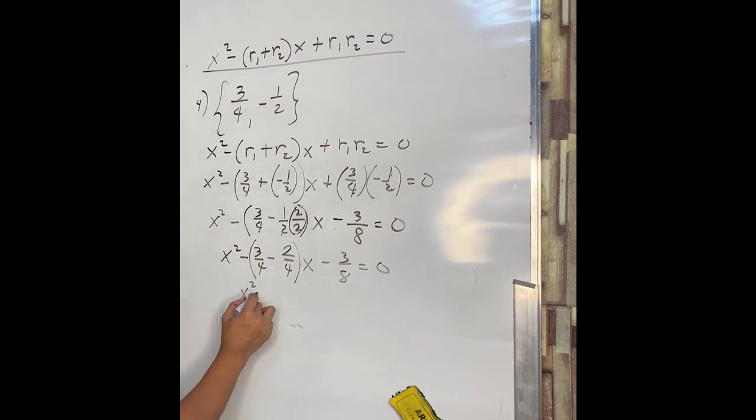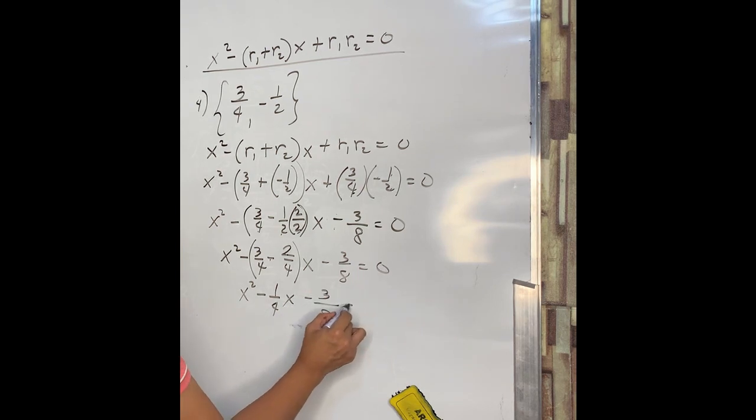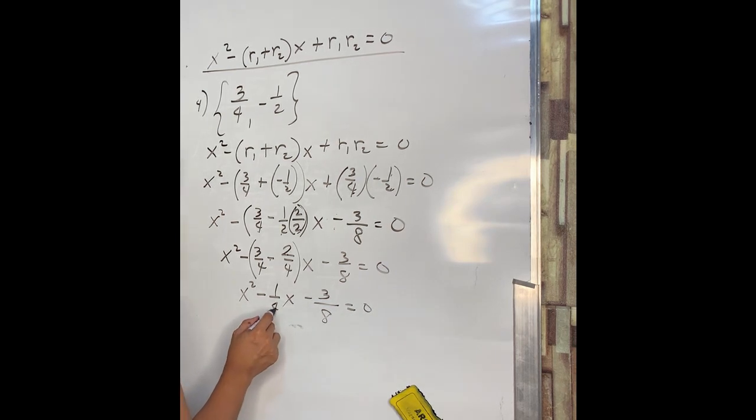So x squared minus 3 minus 2 is equal to 1 over 4, x minus 3 over 8 is equal to 0. We need to eliminate our denominator, which is 4 and 8. So before that, we need to make the denominator of 1/4 to become 8 as well. So I will multiply the numerator and the denominator by 2.